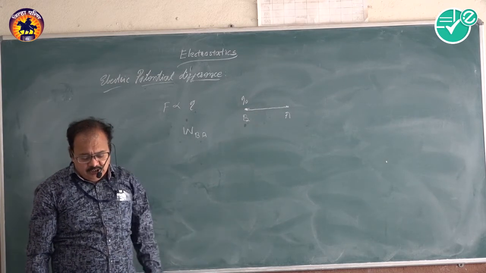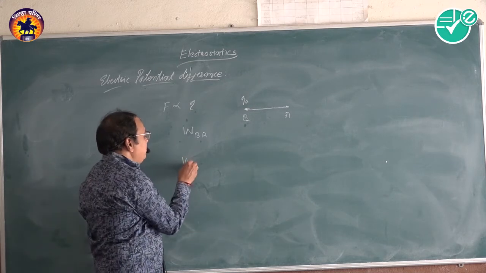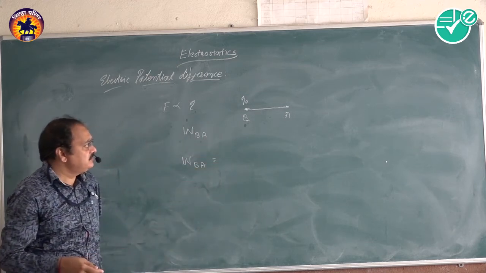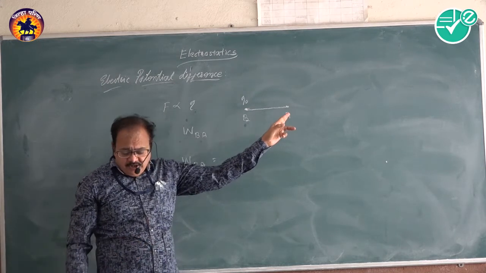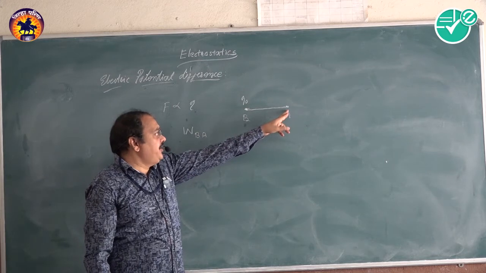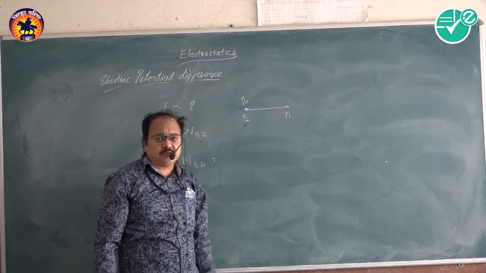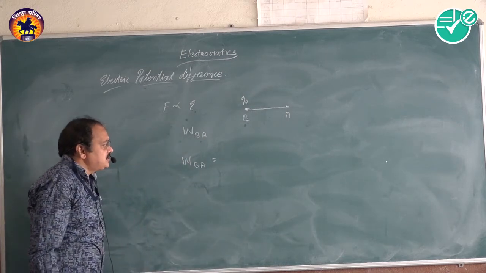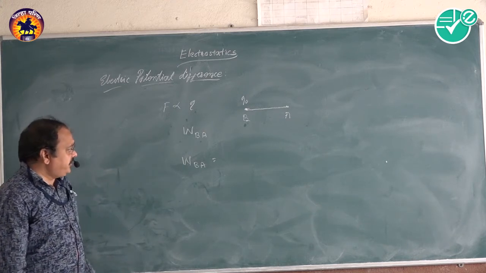The electric potential difference between points A and B we write as W_BA. That is said to be electric potential difference. Here the energy stored at point A is greater than at point B, so there is an energy difference. That energy difference is called electric potential difference.